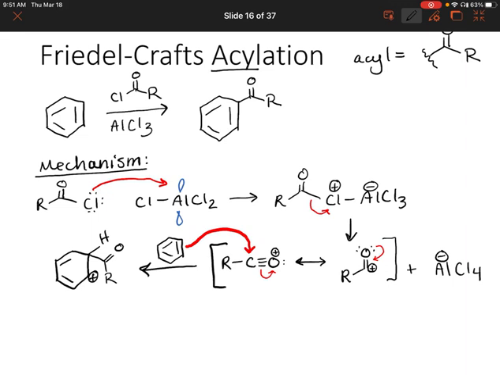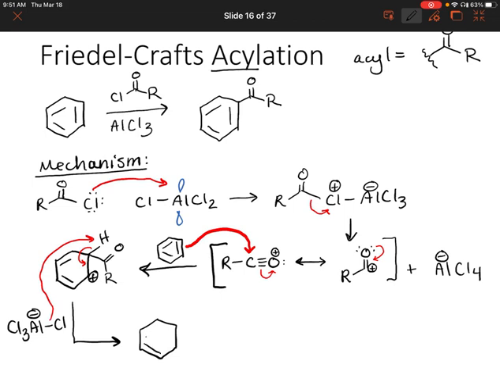All right, so now we need something to take that proton at the top so we can reestablish the aromatic ring. So again, we're going to use our aluminum tetrachloride molecule. And the chlorine is going to grab that hydrogen. We'll leave electrons behind.